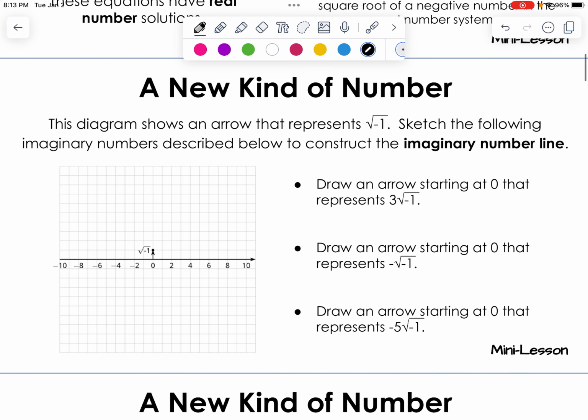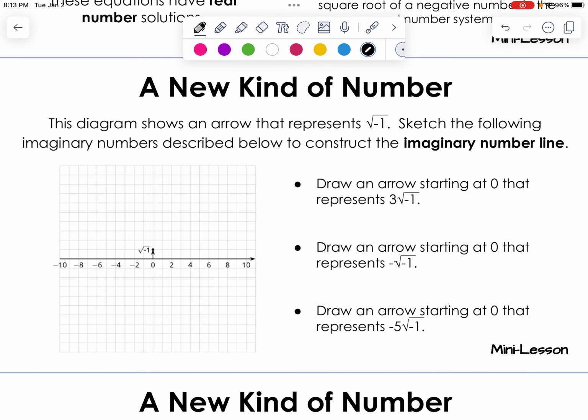We have now a new kind of number, and that number is called an imaginary number. I know that it sounds crazy to talk about imaginary numbers, but they serve a big purpose in math. So we're going to learn about how we find these imaginary solutions, specifically with quadratics right now.